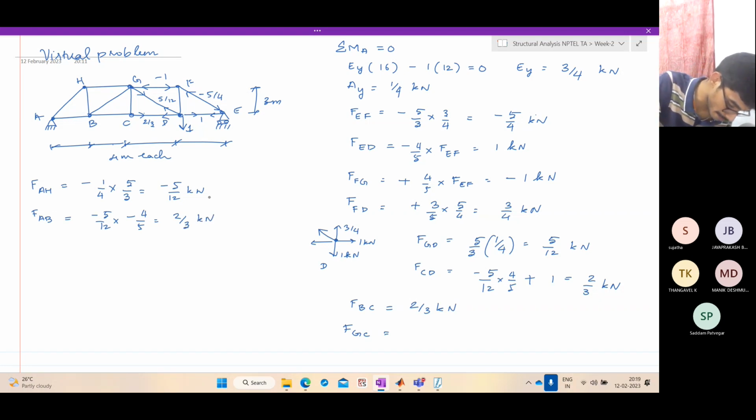So FAH is compressive, minus 5 by 12. This is tensile, 1 by 3, not 2 by 3. This is 1 by 3.